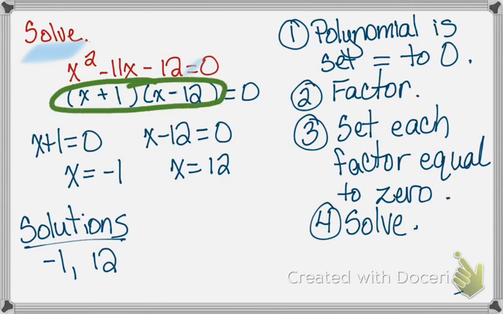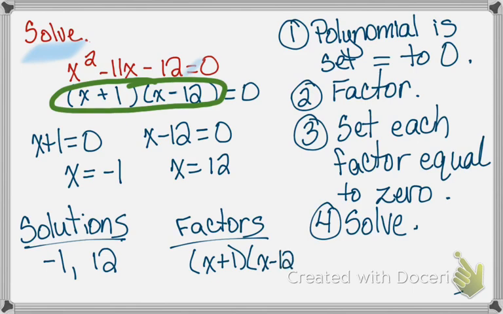X plus 1 and x minus 12 are my factors. What do you notice is the difference between my factors and my solutions? What do you notice between x plus 1 and x equals negative 1? They're reversed. Okay? And that makes a difference.